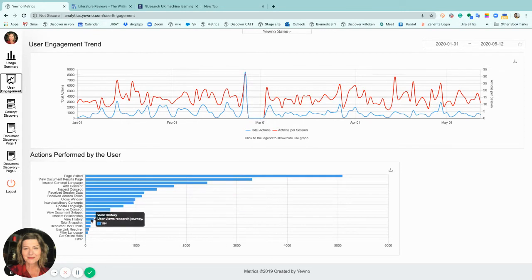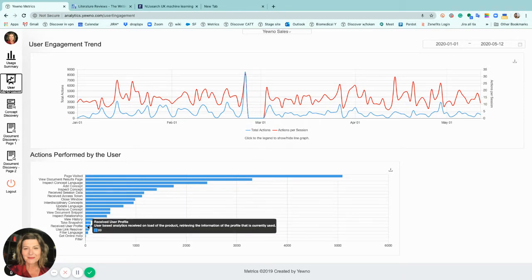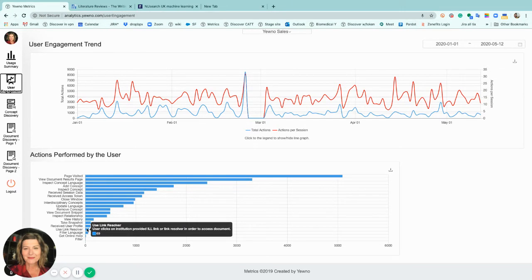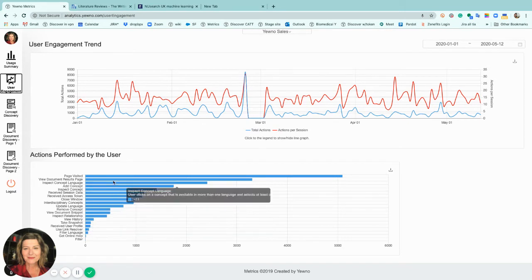And if you take a look at the history, that's how many people looked at their research journey, how many did a snapshot, the use of the link resolver, etc. So these are the different actions that a user may have engaged in, and here are the numbers that they did on any given day. Again, you can download this information right here.